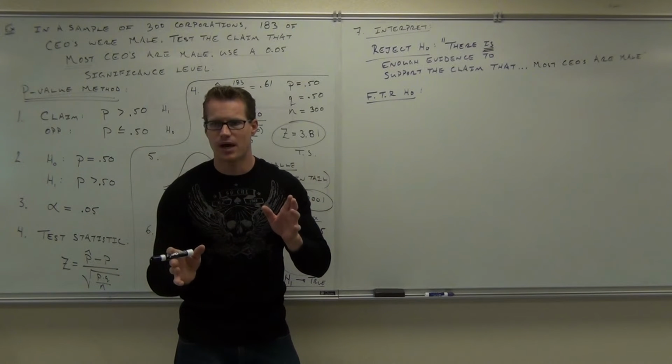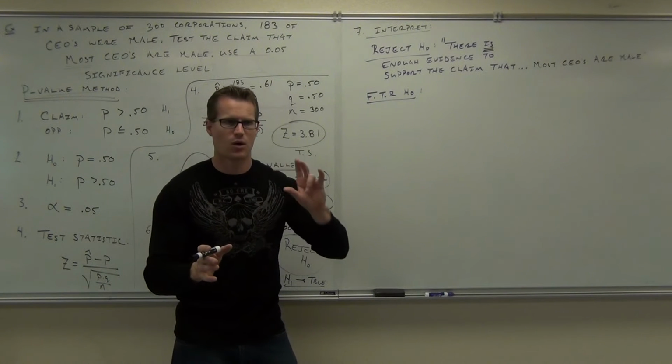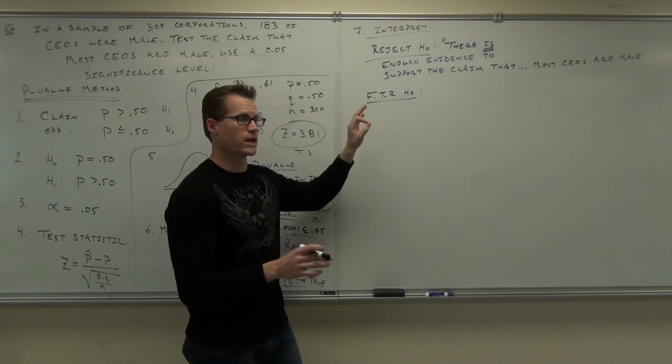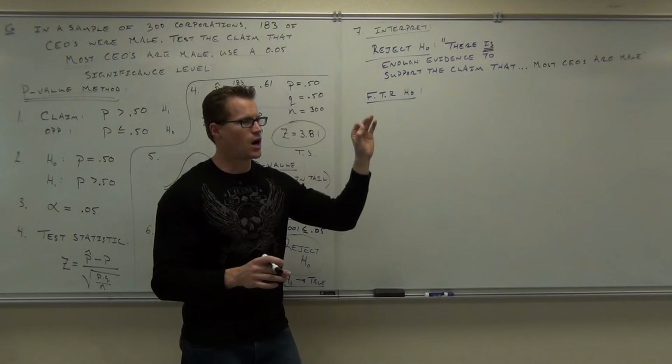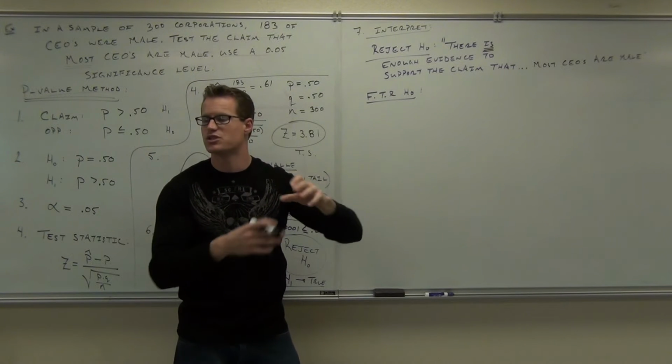That's the only two cases you have. It's either you reject or fail to reject. If you reject, great, there's enough evidence to support your claim. If you fail to reject, there's not enough evidence to support the claim, and then you restate your claim.